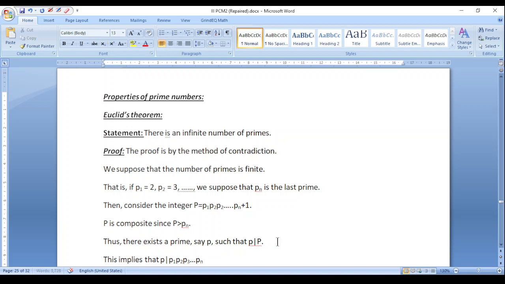So p has to divide the product P1, P2, P3, etc. Pn, and the same p should also divide P1, P2, P3, and so on, Pn plus 1. Now, why is this? This is because P1, P2, P3, etc. Pn plus 1 is nothing but capital P. So p divides P, so automatically this happens.